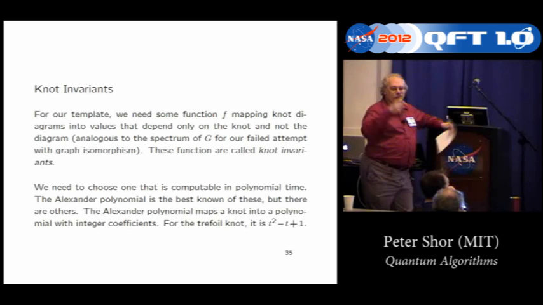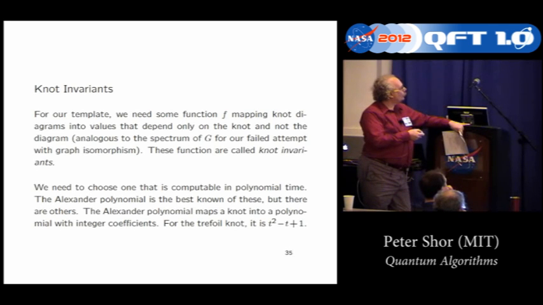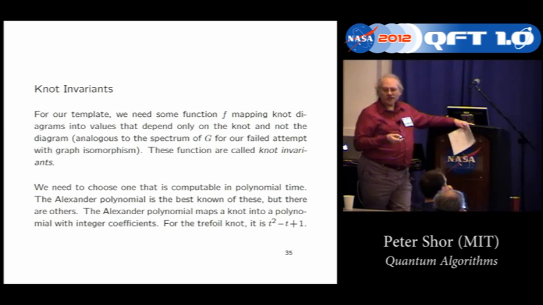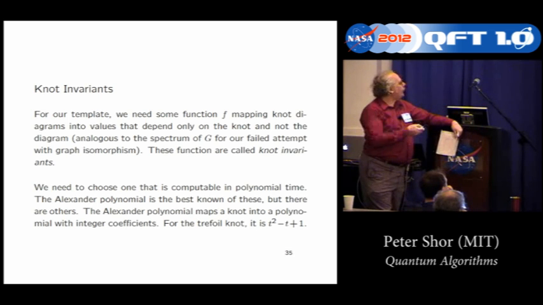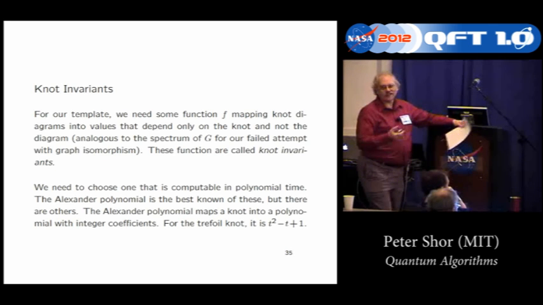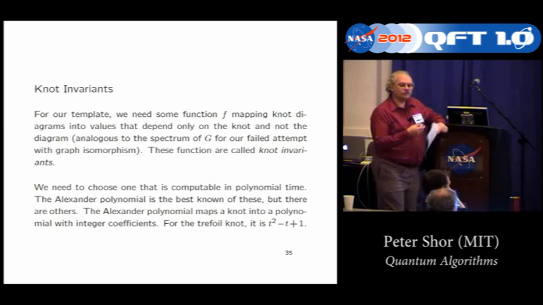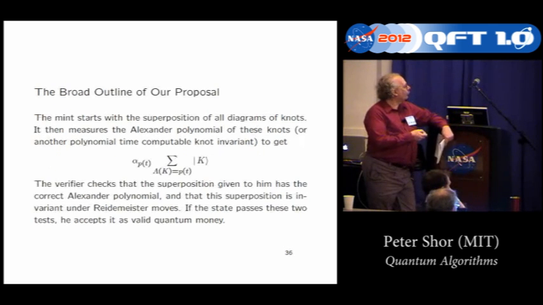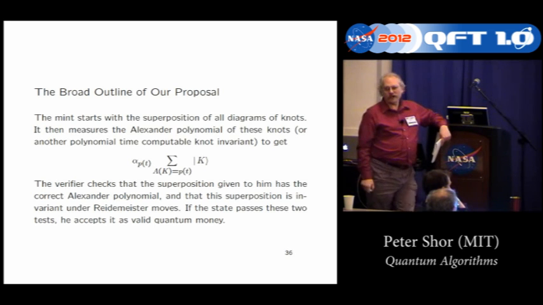So there's many, many knot invariants around. We need one that's computable in polynomial time because we want an efficient algorithm for verifying the money. And the Alexander polynomial is the best known of these, but there are lots and lots of others. So we'll just pick the Alexander polynomial. It maps a knot into a polynomial with integer coefficients. And for the trefoil knot, it turns out to be t squared minus t plus 1.